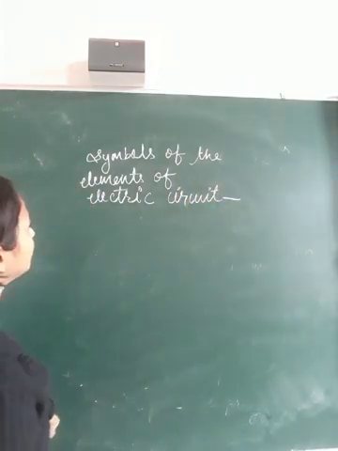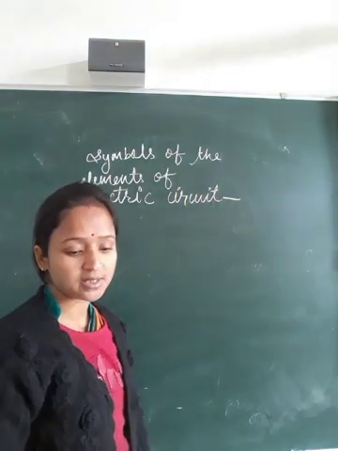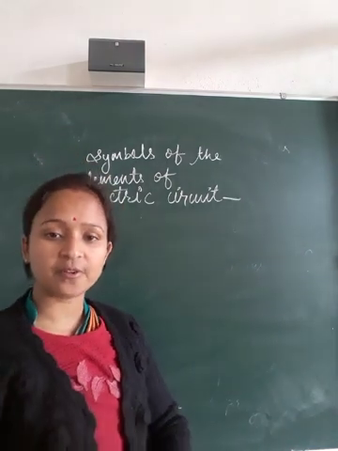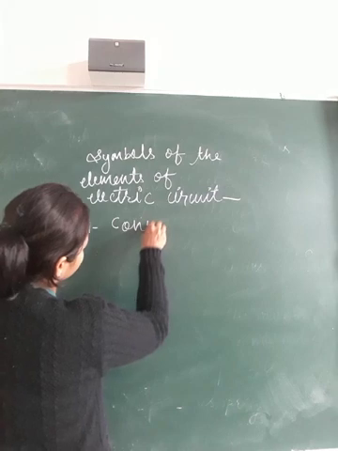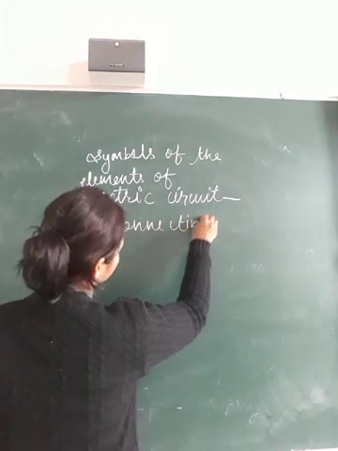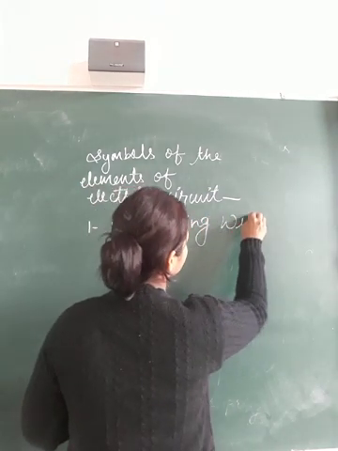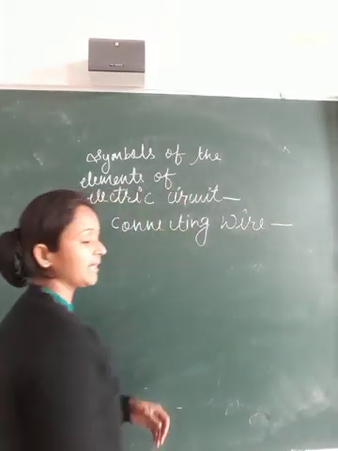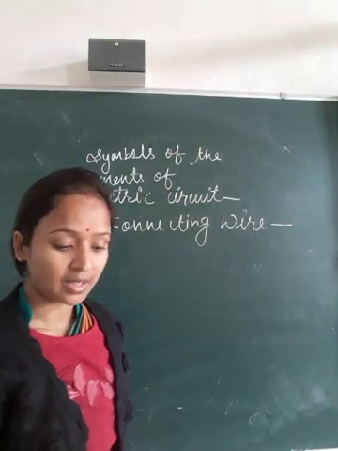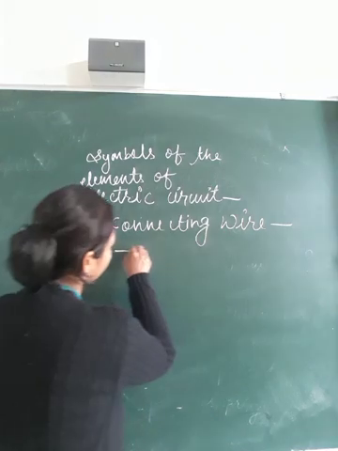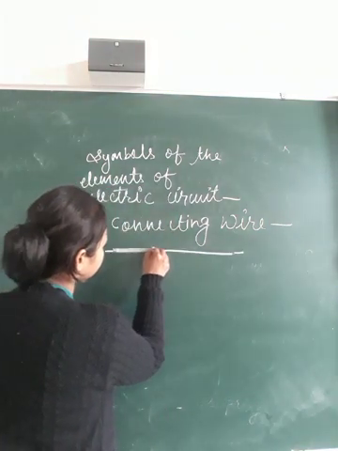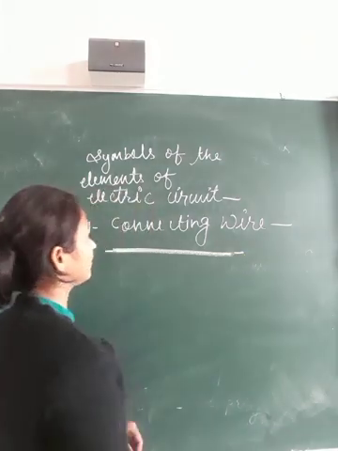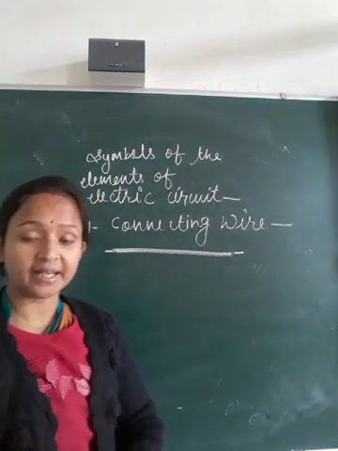Symbols of the elements of an electric circuit. First one is the connecting wire.